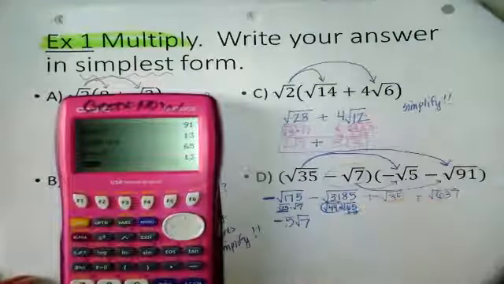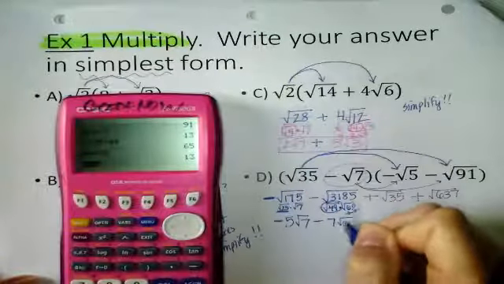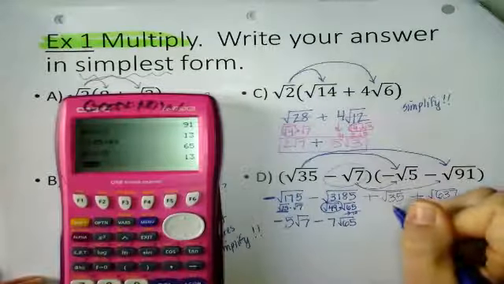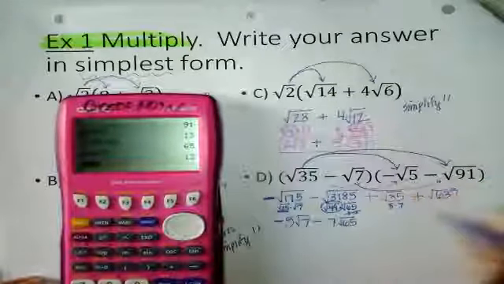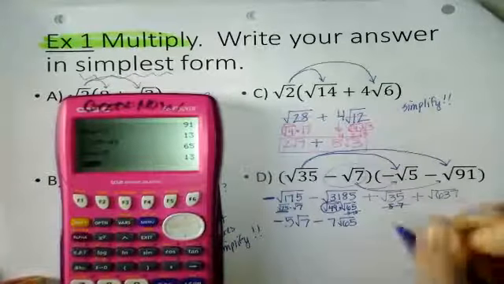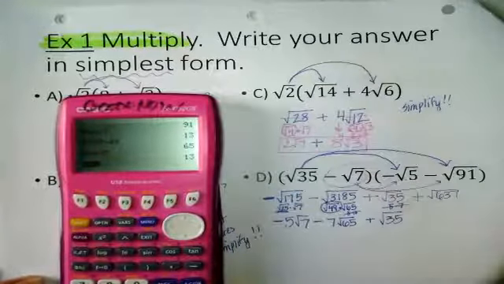Square root of 49 is 7. So this becomes negative 7 radical 65. 35 is 5 times 7. Again, those are primes, and they're not perfect squares. So plus radical 35 stays the same.